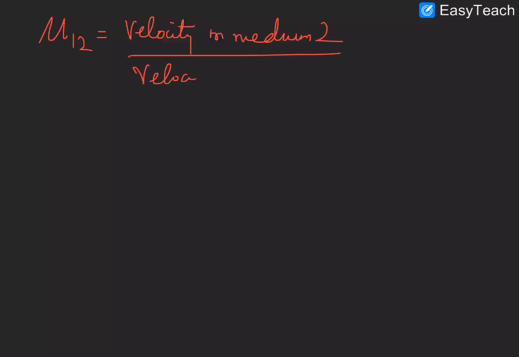Now if you write mu 1 2, that means it is the ratio of the velocity of light in medium 2 upon the velocity of light in medium 1, which means this is the refractive index of the first medium with respect to the second medium.